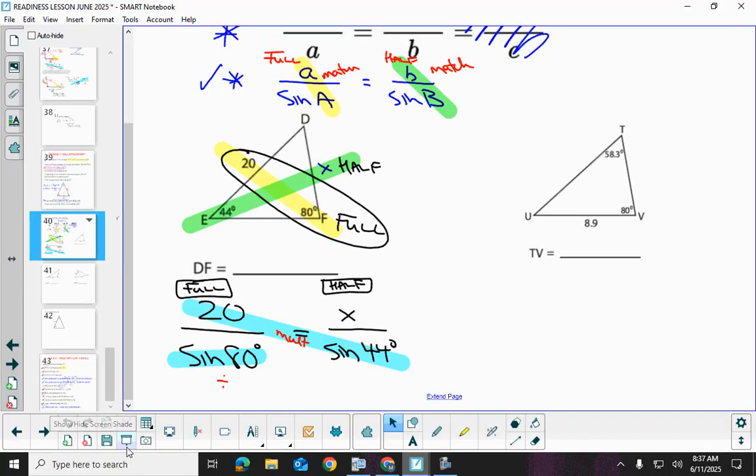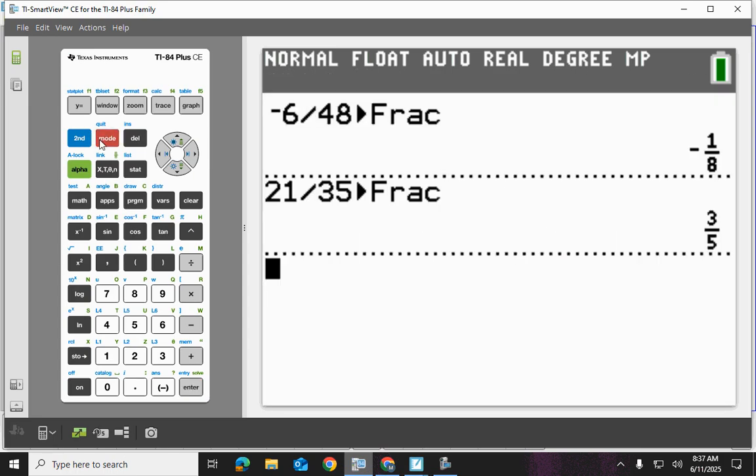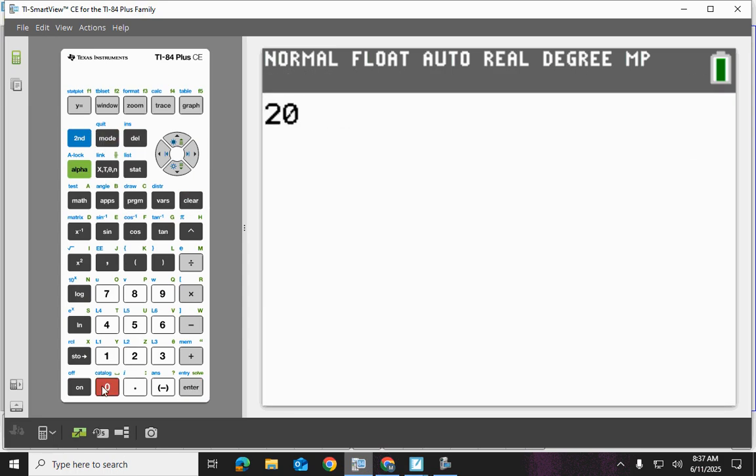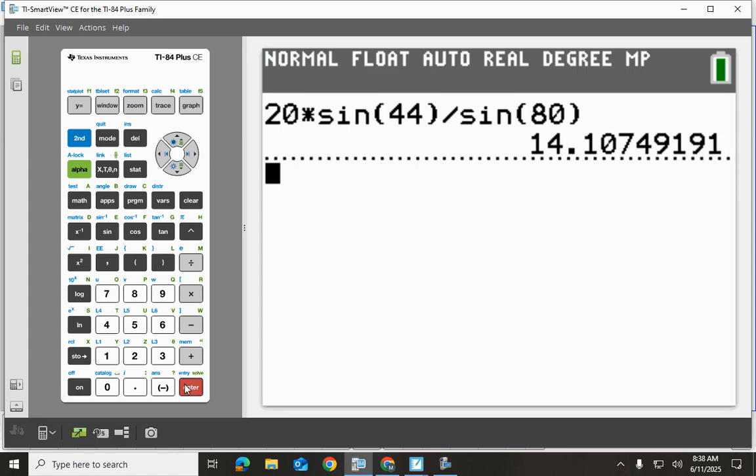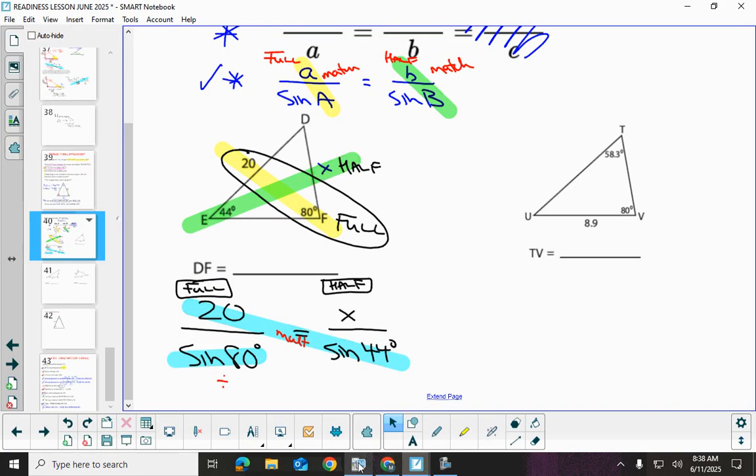So 20 times sine 44, finish off the bracket, divided by sine 80, bracket. So cross multiply, then divide. And there it is, 14.1. That's your answer. So notice, nowhere did I need to worry about opposite, adjacent, or hypotenuse. All I had to do was full and half. Okay?